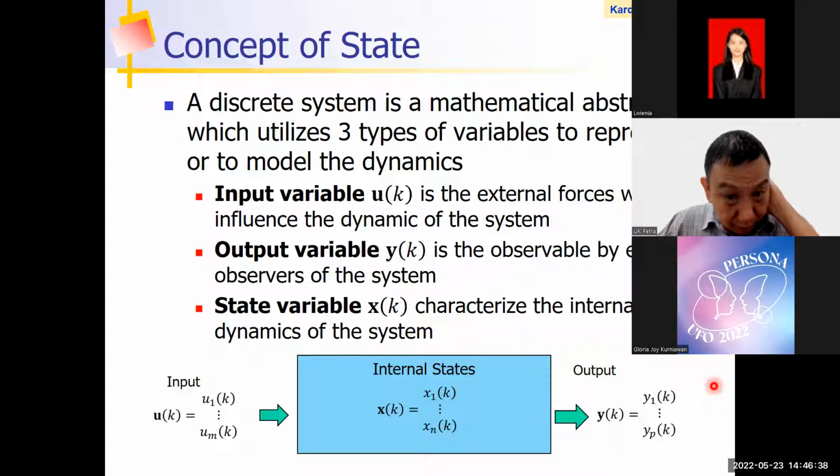You will come out with the output, which is the one that we have already processed in the internal system. Okay. So remember here, the output is the observable. The one that you observe is the output, not the input, not the state variable.